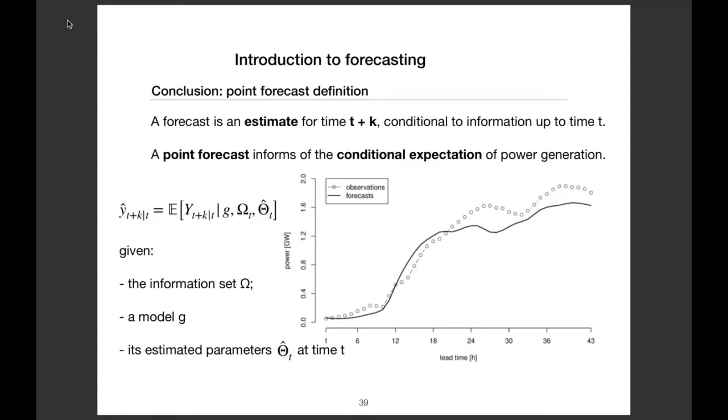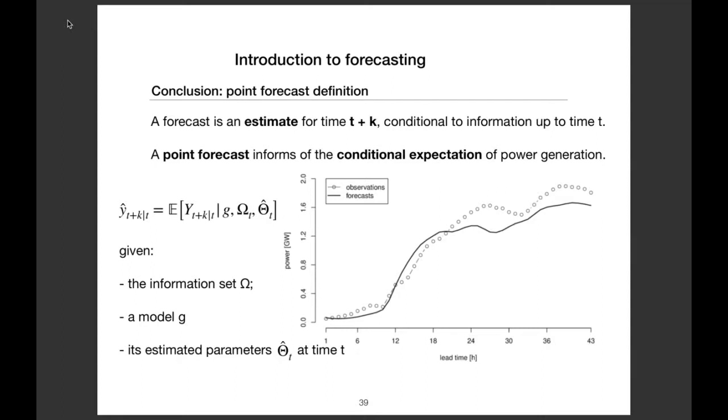And the point forecast, so deterministic forecasting, is when you perform a conditional expectation of the random process. So you are trying to compute a point in the future. This is a point forecast. And in fact, it is the expectation of the random process. And to do that, you use a model G. That can be a machine learning model, but it can be something else.